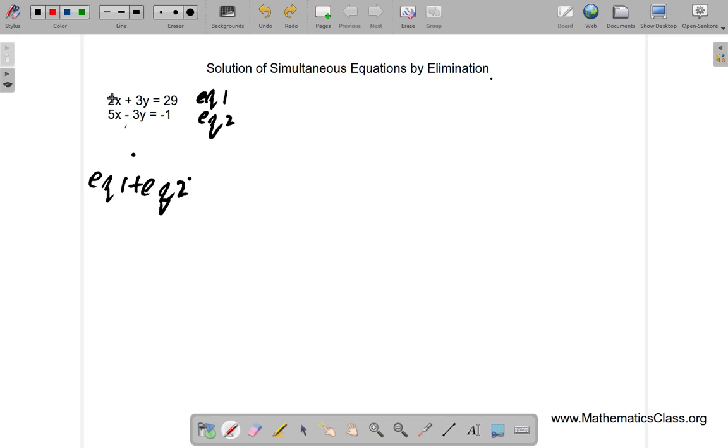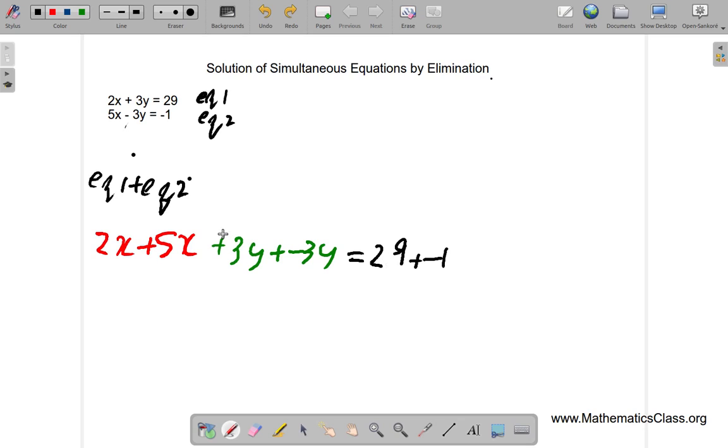Equation 1 plus equation 2 is 2x plus 5x, okay, plus 3y plus negative 3y. I'm putting plus at all times and then putting the negative as needed, equals 29 plus negative 1. Nice.